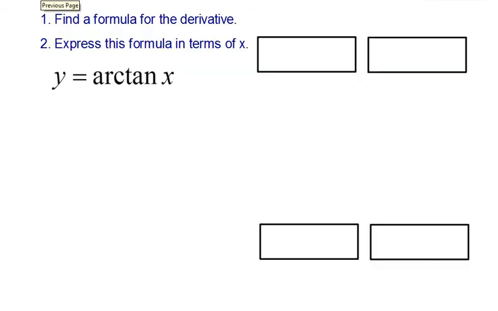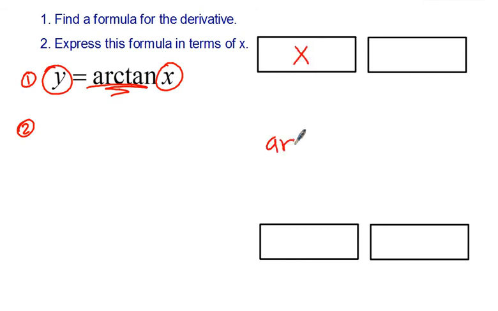Let's get started. The first thing to do is to convert this formula about arctan into a formula about tan. The way to do that is just to recognize that we're given an input x, we're running it through the arctan function, and we're producing an output y. Let me diagram that. Start with input x, run it through the arctan function, and produce an output called y.